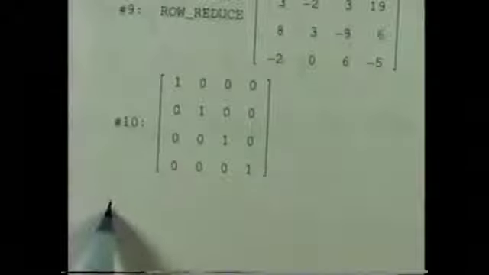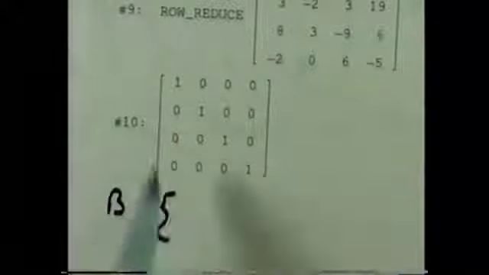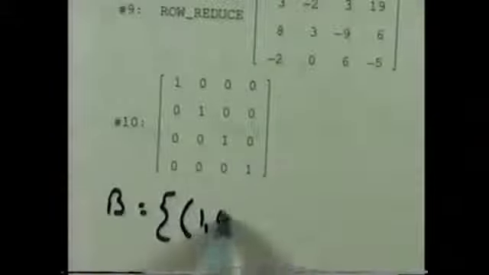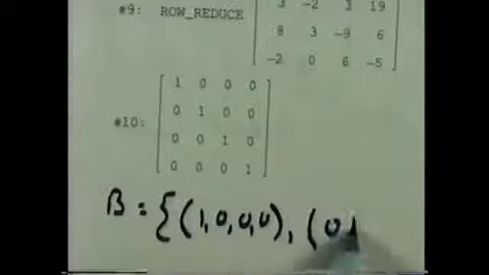Once we row reduce A, we get the identity matrix. So the basis B is going to be the identity matrix, or the set of vectors for these rows: 1, 0, 0, 0, 0, 1, 0, 0, 0, 0, 1, 0, 0, 0, 0, 1.